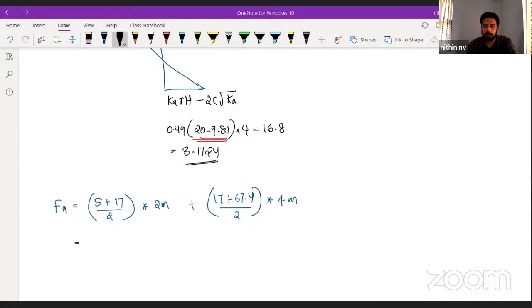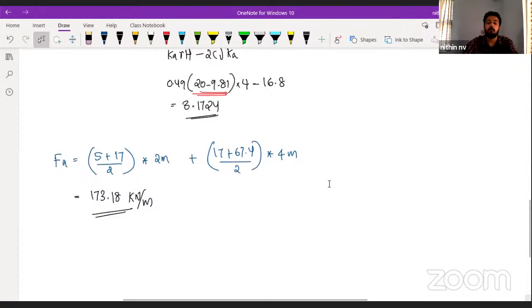Please comment. 173, are you getting, everyone? 22 plus 151, 173.1 around. Depends on your answer. All are getting the same answer? Yes, very good.